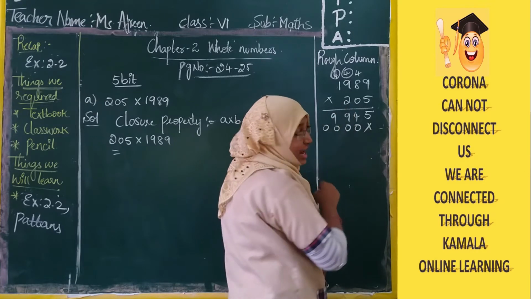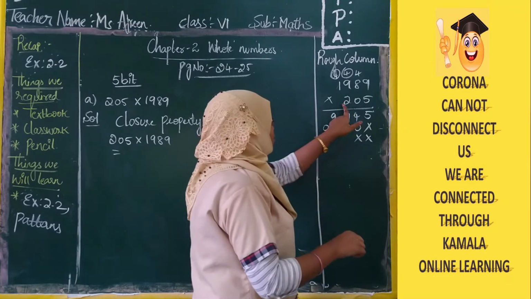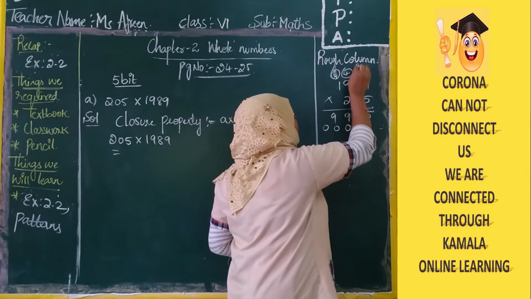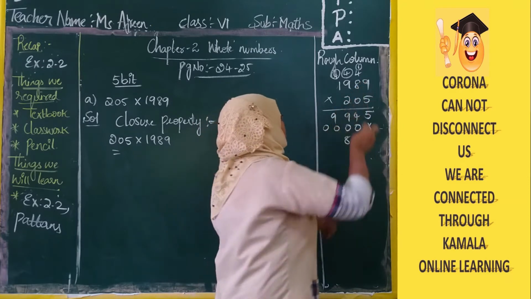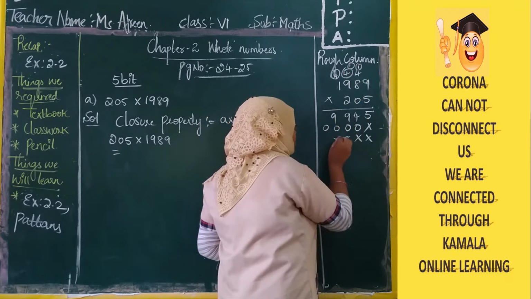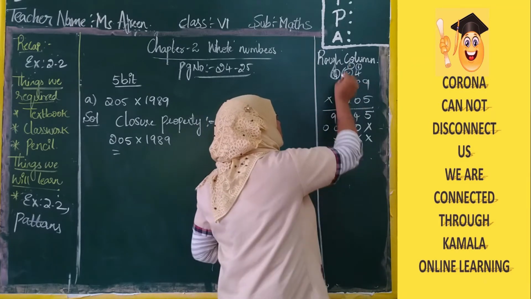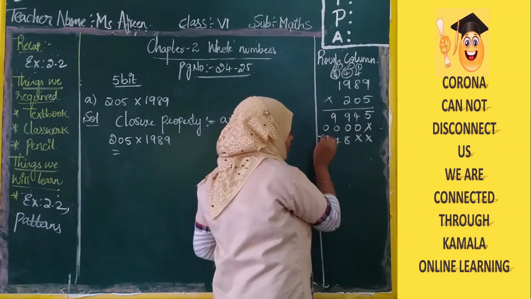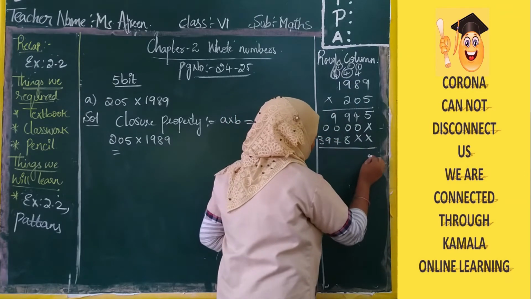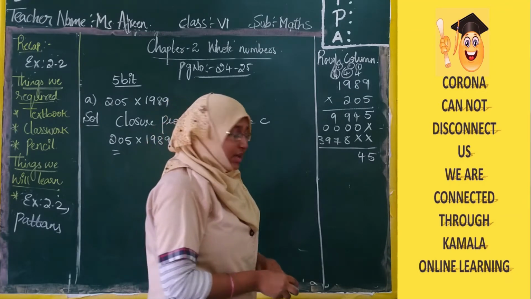Now as we are going with the hundreds digit, we'll cross off the first two places and then we'll start. So 2 nines are 18, 1 carry, 8. 2 eights are 16, 16 plus 1 is 17. So 1 carry, 7. 2 nines are 18, 18 plus 1 is 19. Next, 2 ones are 2 plus 1 is 3. Now we will add. 5, 4. 9 plus 8 is 17.